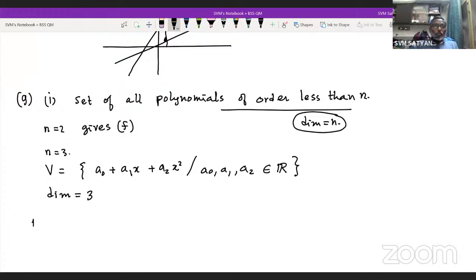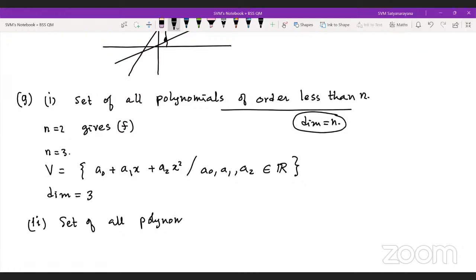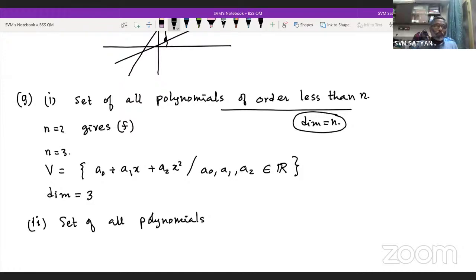Now let's look at 2 under G, the set of all polynomials. Sir, I have a doubt. What happens if n is equal to 4, sir? Let's say n is equal to 4.